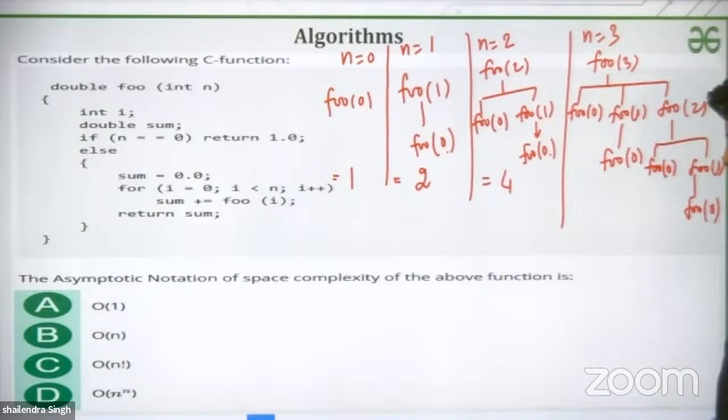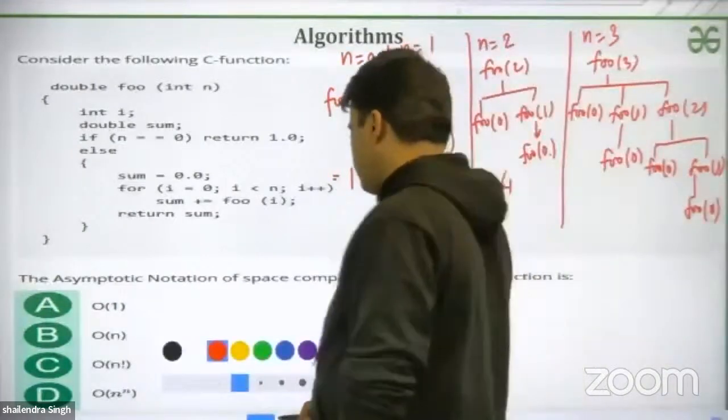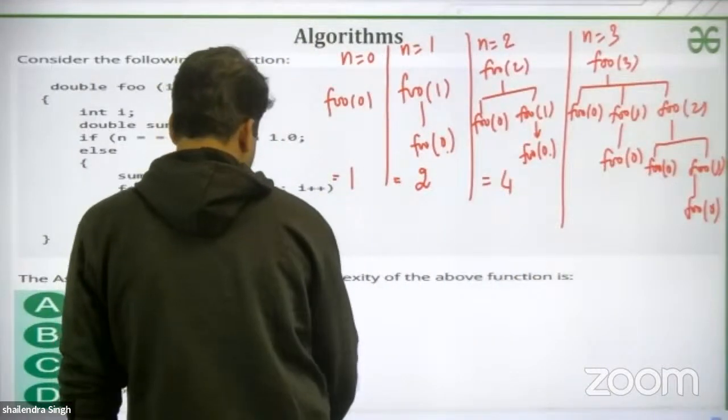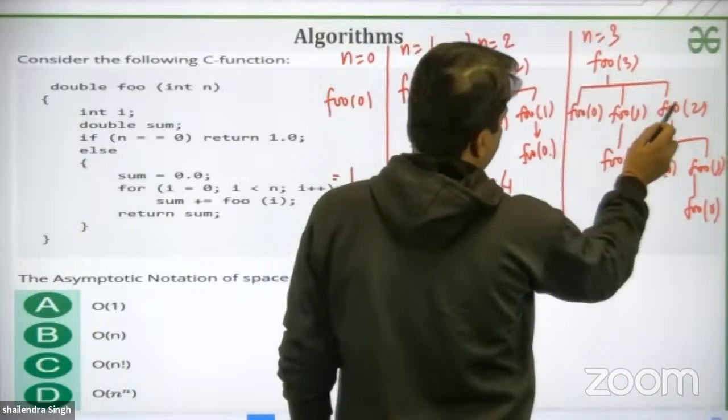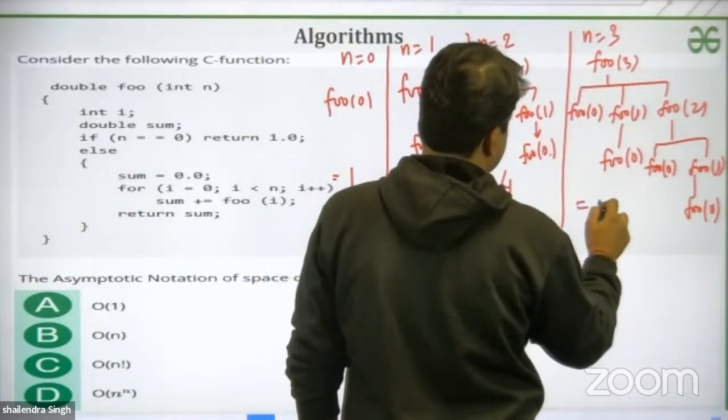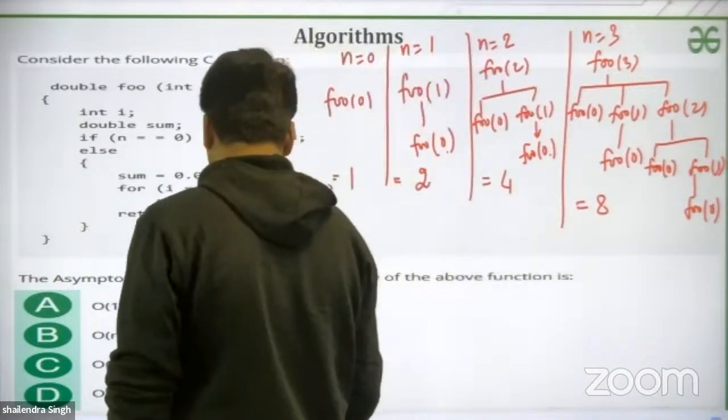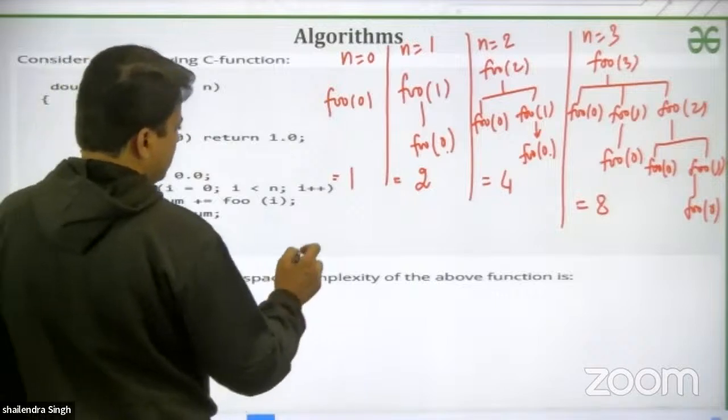So how many functions were invoked in this process? 1, 2, 3, 4, 5, 6, 7, 8. So 8 functions, okay.